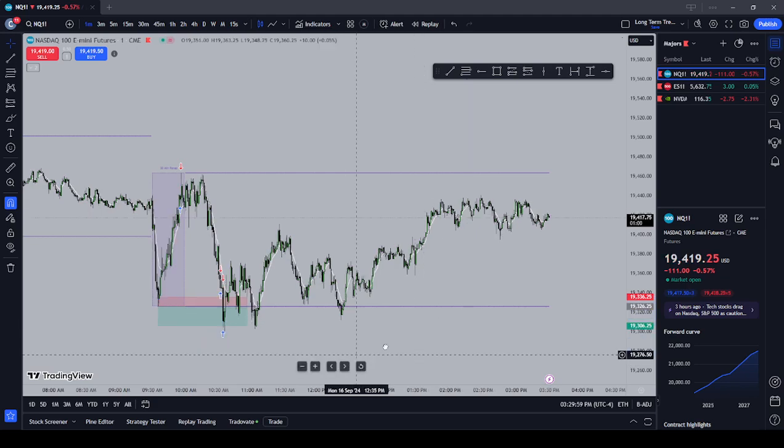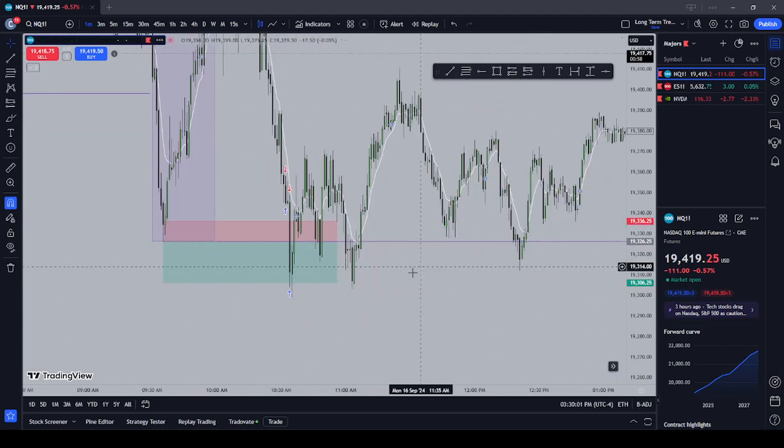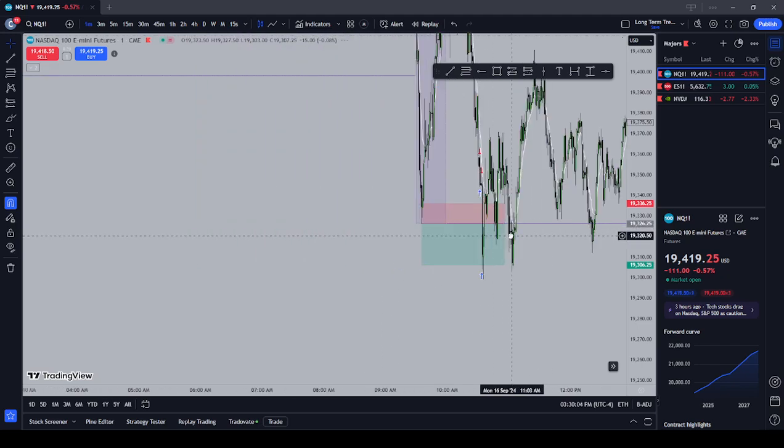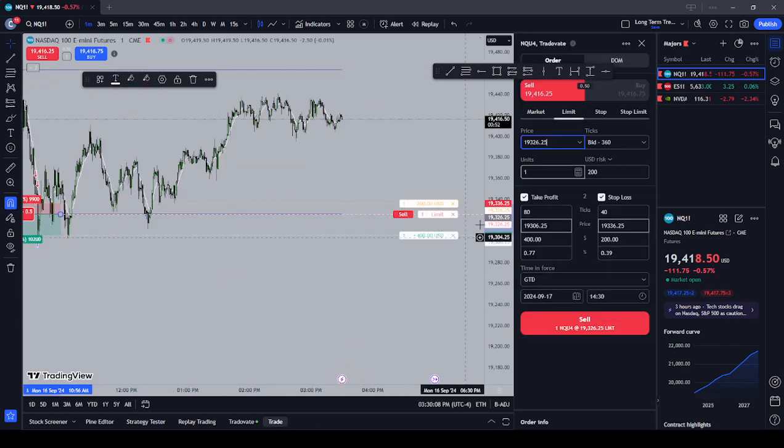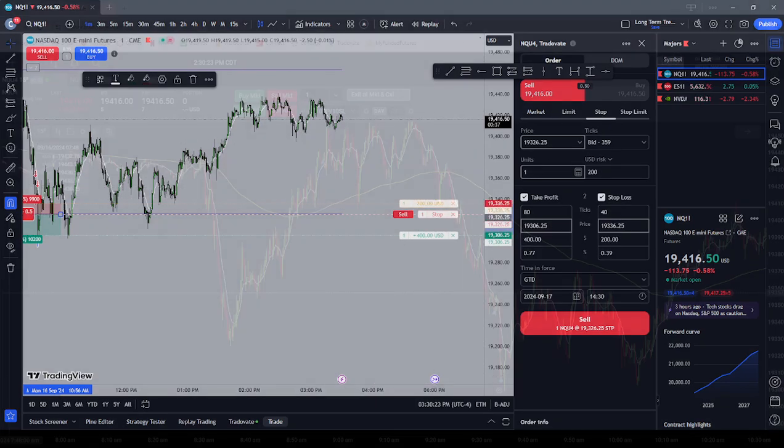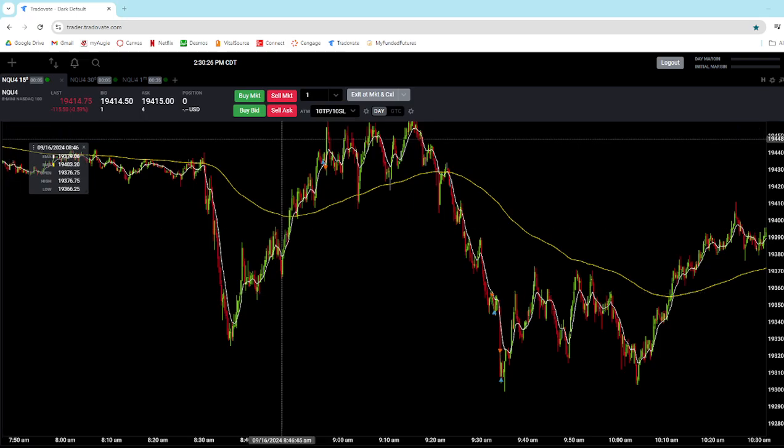So you can see right here we got entered in on that. But if I were to set this trade right now like I normally would, this is kind of what it would look like. It wouldn't say this once you're in the trade, and then right here it would say the profit and loss once you're in it, so you can keep an eye on that if I'm on this screen. Otherwise, if you're on the other screen, it'll be right up here.